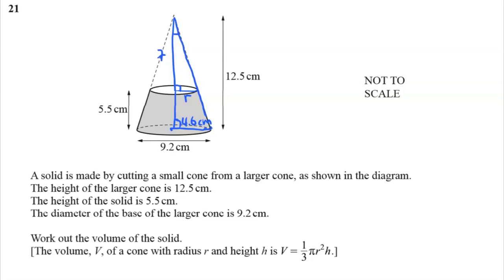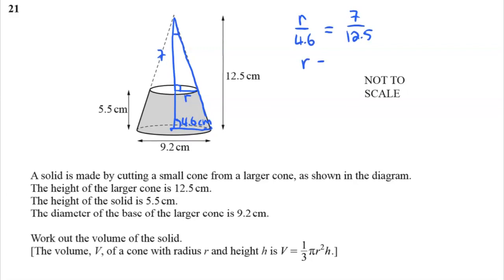All right, how do we work with similar triangles again? We do ratio of sides. So we can say the little radius that we're trying to find divided by the corresponding side in the other triangle is equal to another side in the small one, the side we know, the height, divided by the height in the large one, 12.5.